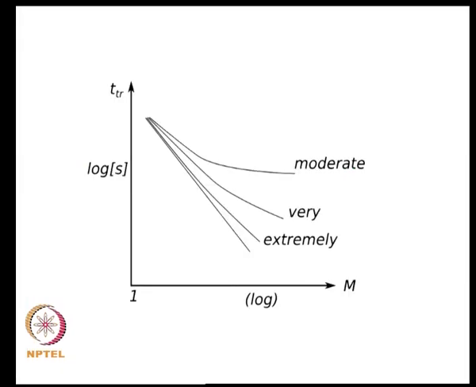So, if you look at the characteristics of the relay, for the extremely and the very inverse type of characteristics, the value of p in the equation is close to 2. Okay.